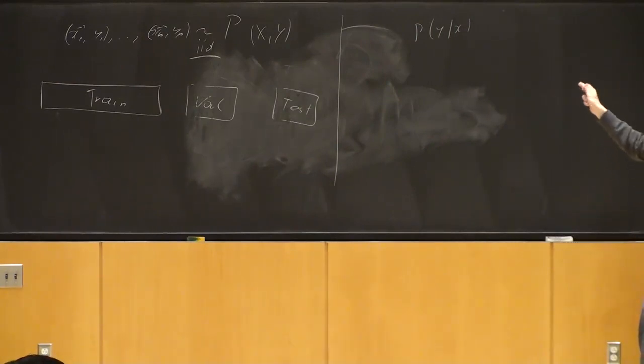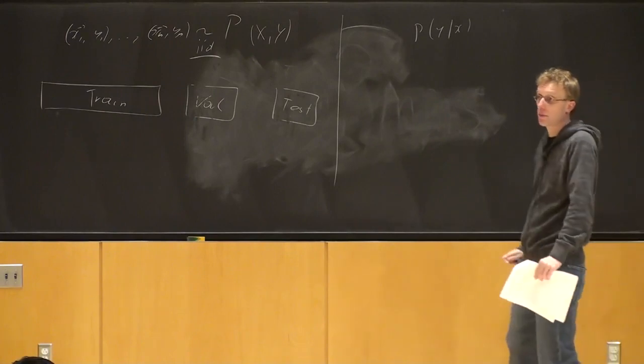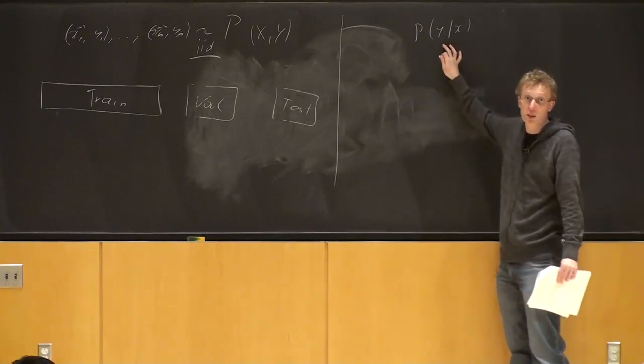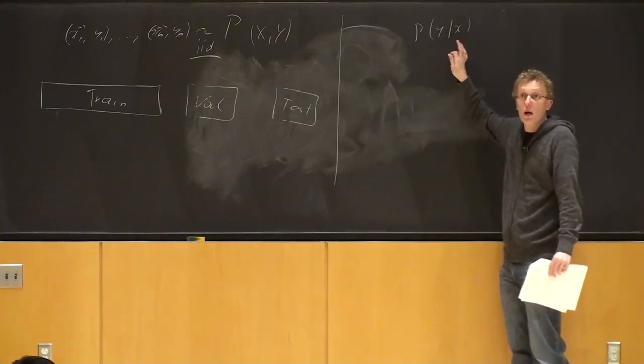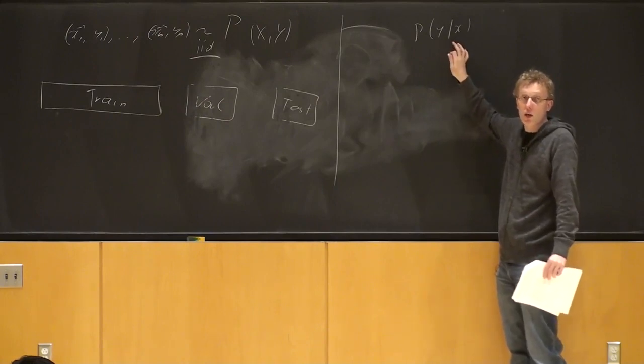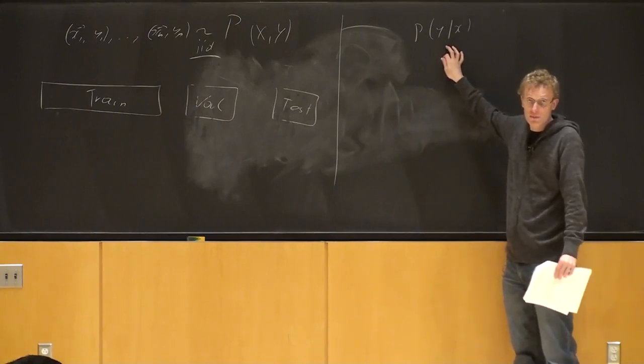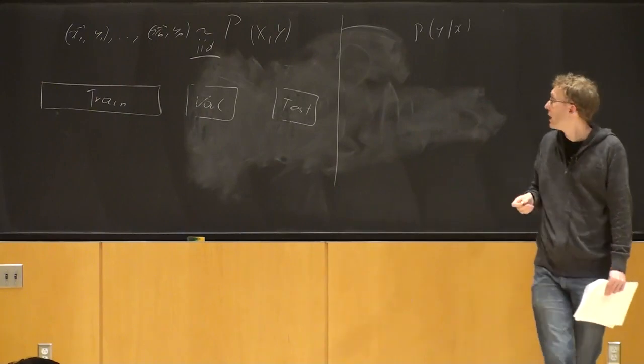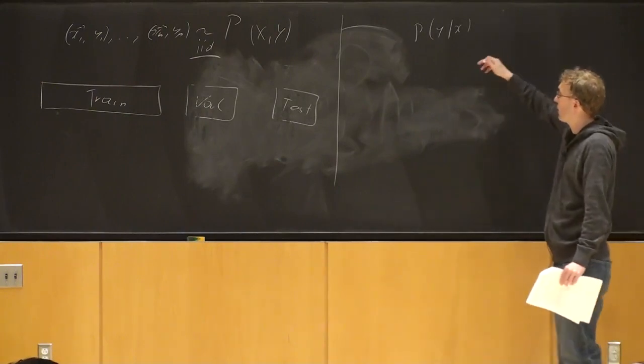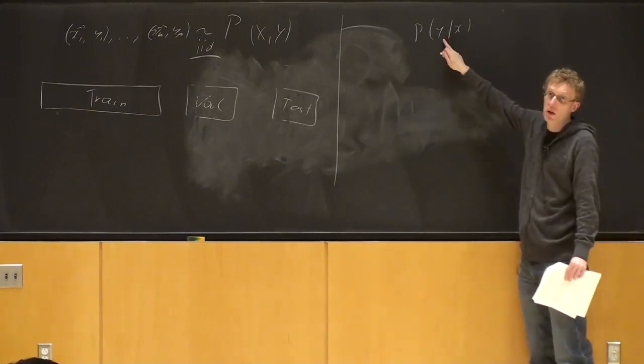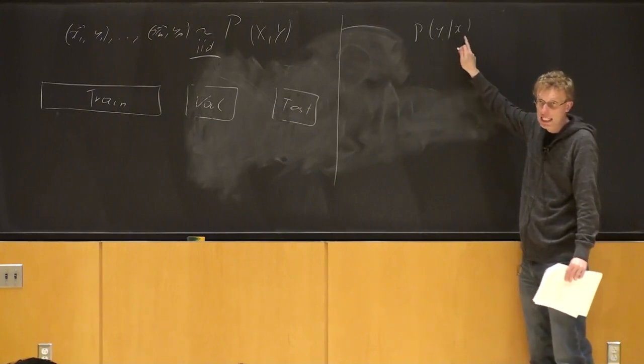Can anyone tell me what you do when you have this distribution? What classifier do you use? Yeah, you use the Bayes optimal classifier. That would be the optimal choice once you have P of Y given X. So one way to do machine learning is to try to estimate this probability distribution. What the Bayes optimal classifier does is just pick the most likely Y for a given X.